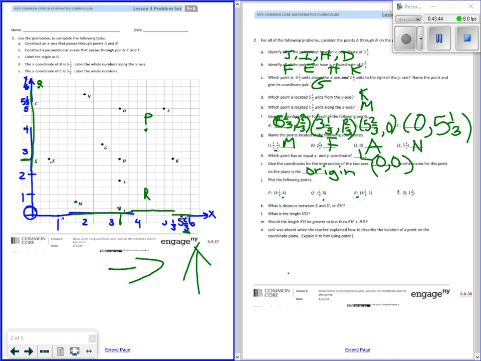Okay, you go over to 4 and 2/3? No. 4 and 1.